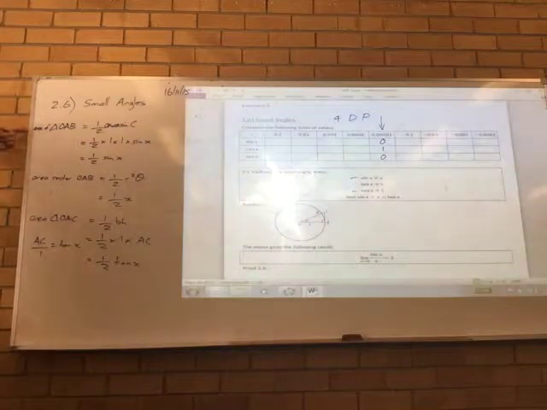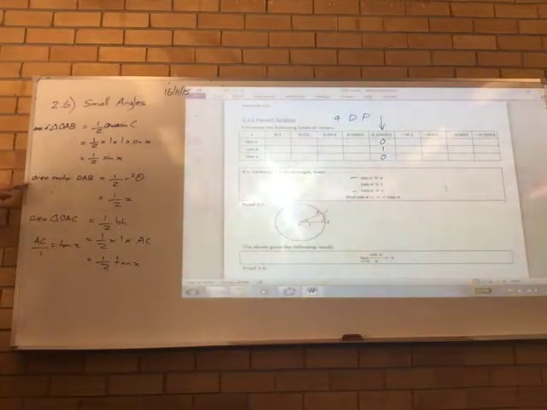So the area of this triangle is less than the area of the sector, which is also less than the area of the triangle outside of the sector. That's the relation.